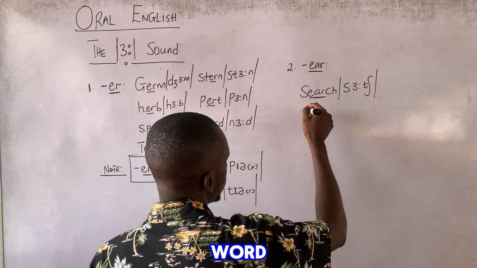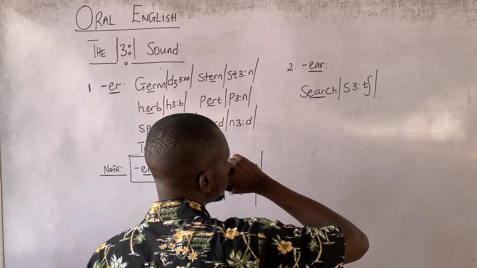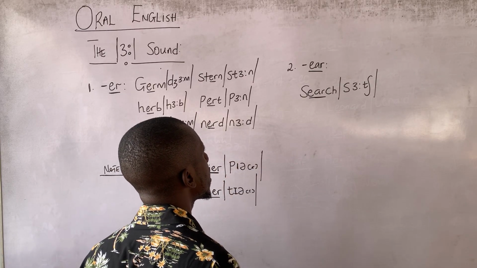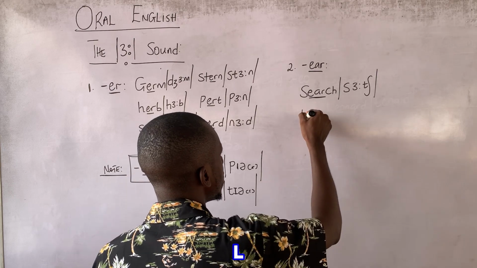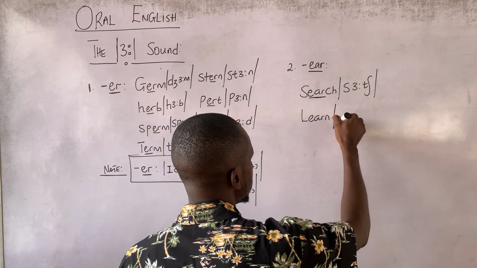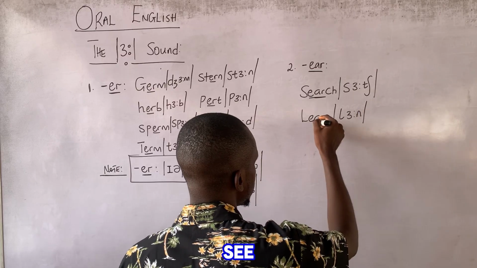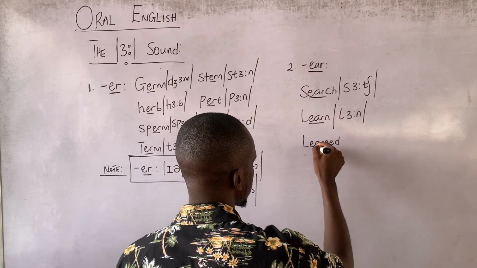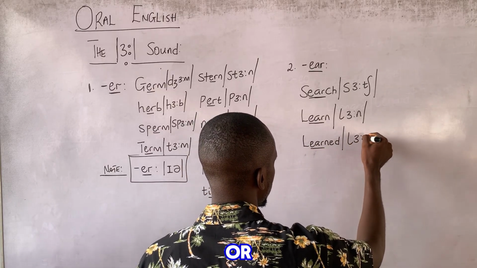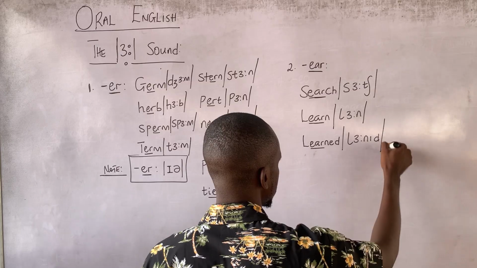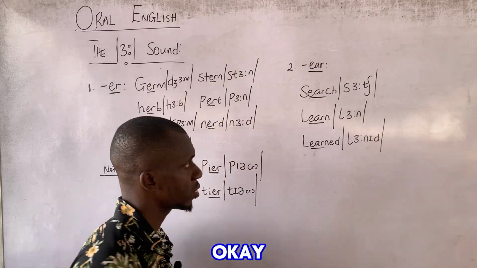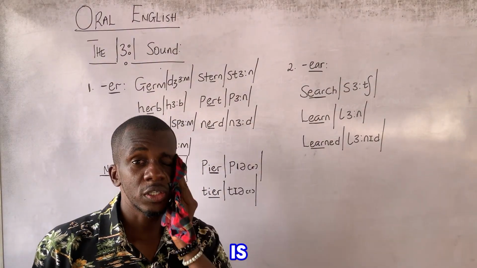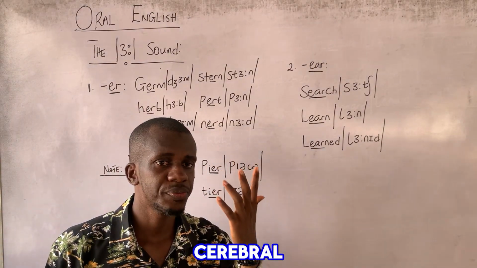In a word like learn, which is learn. See that? EAR. Same in a word like learned, or we could say learning, which means that the person is educated, or is intelligent, or is highly cerebral.